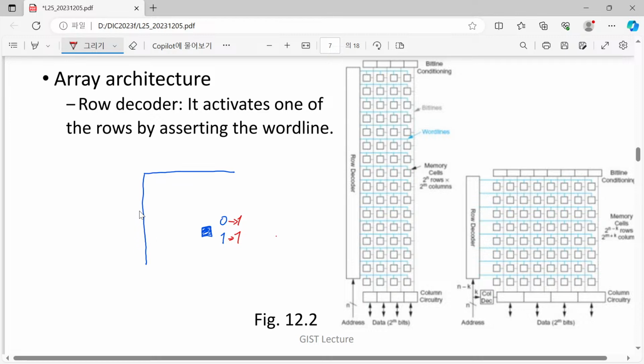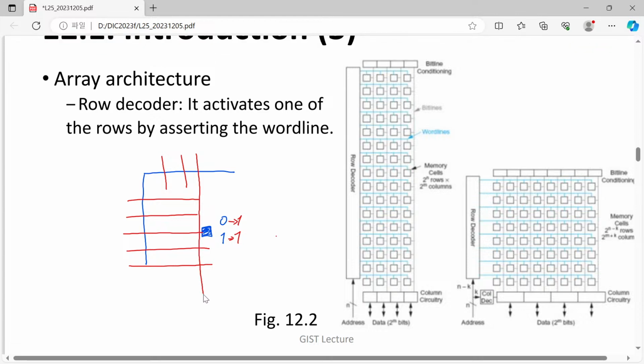So in this array architecture, we have certain lines here. There are many lines running horizontally in this drawing, and there are also certain lines running vertically.